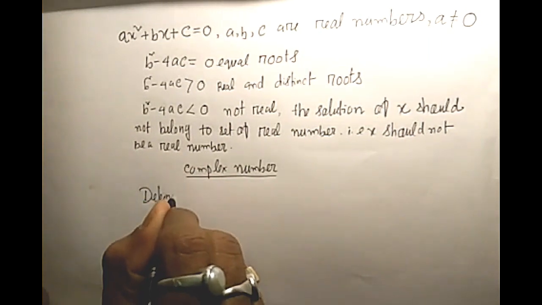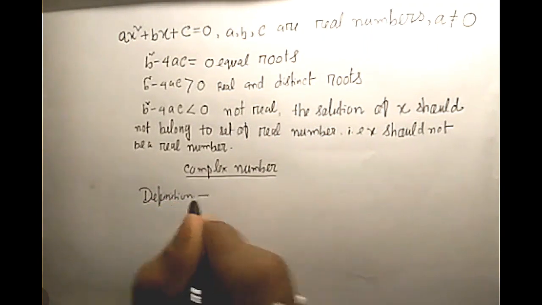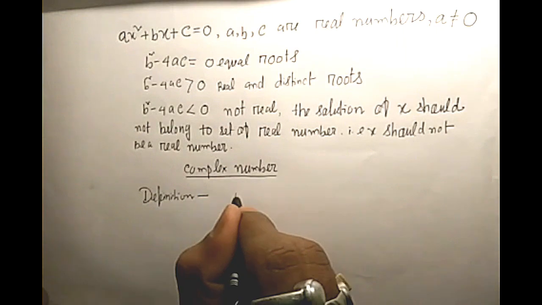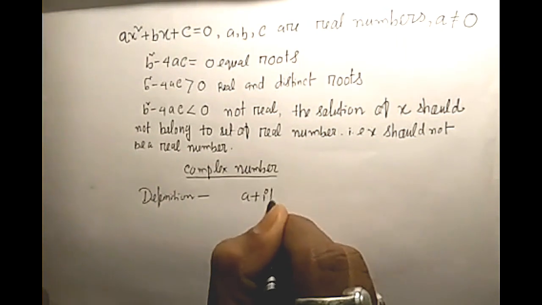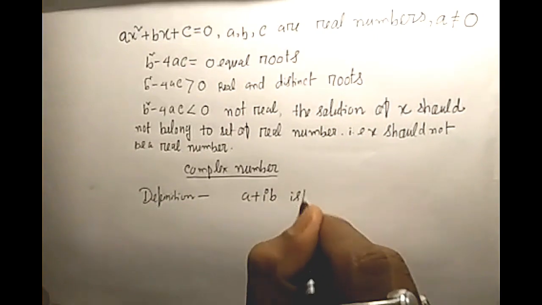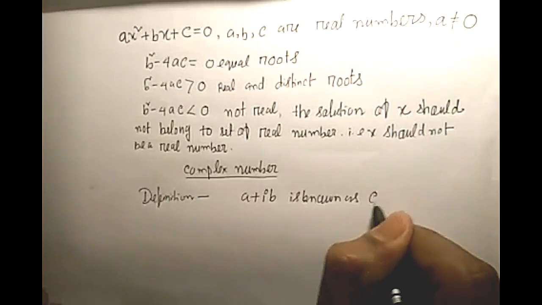So first of all, let us define a complex number. How can we define a complex number? a plus ib is known as a complex number.